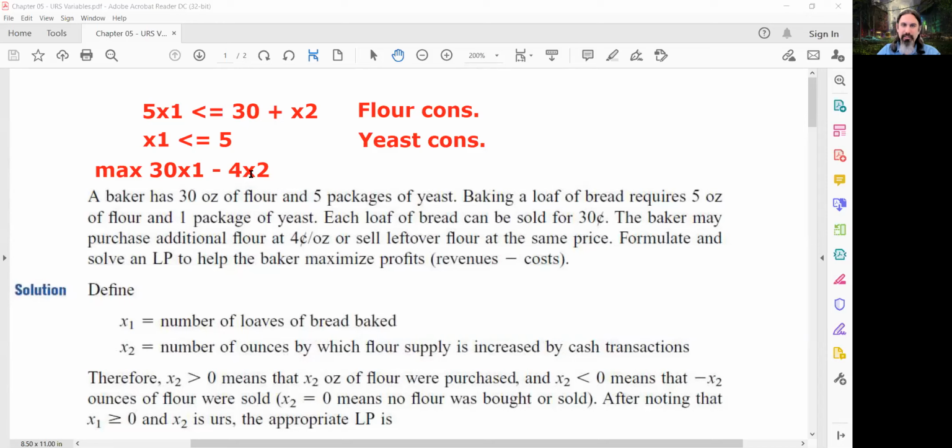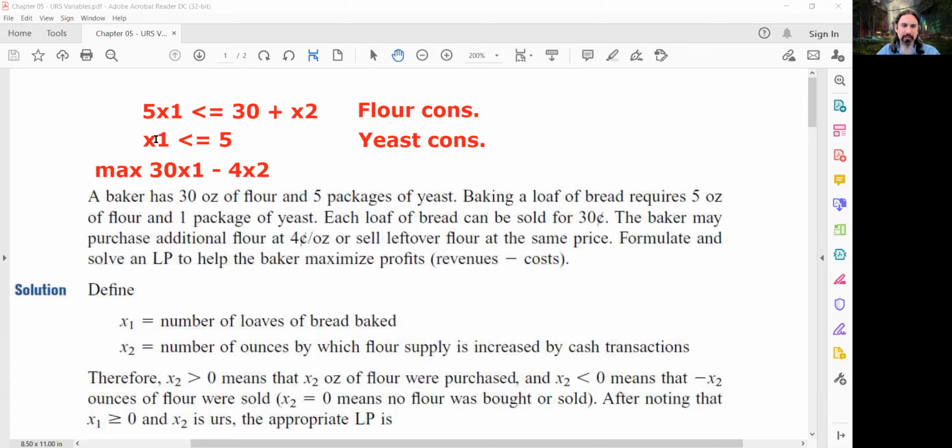So if x2 is negative, then this part becomes a positive because minus times minus is a positive. So I'm getting an income from here as well. But if x2 is positive, then I'm incurring a cost over here because I'm buying more flour. But if x2 is positive, I'm increasing my flour constraint. If x2 is negative, I'm decreasing it because I'm selling it, okay?